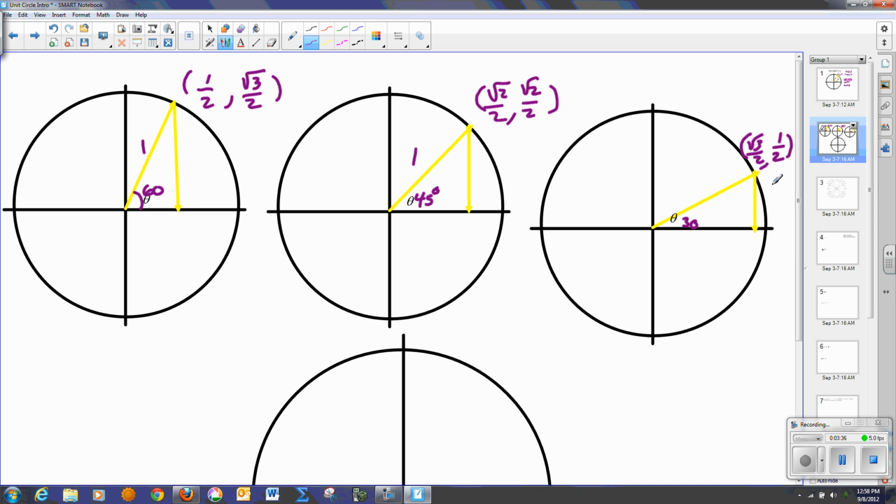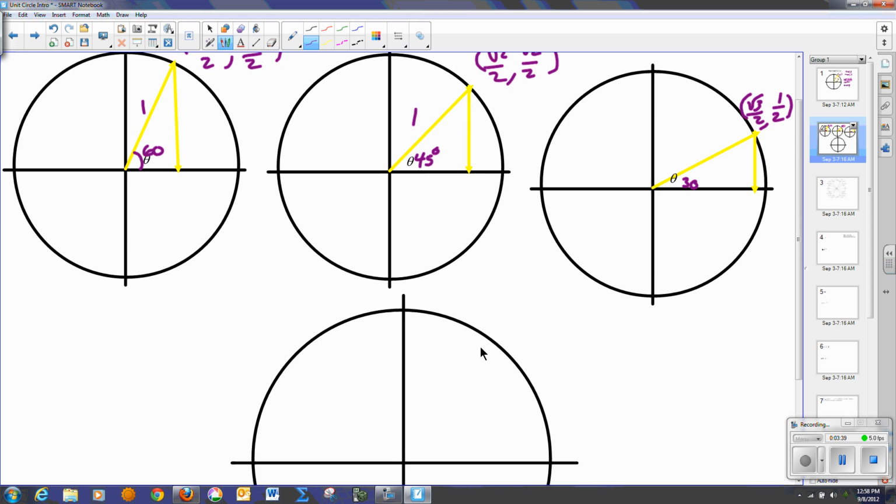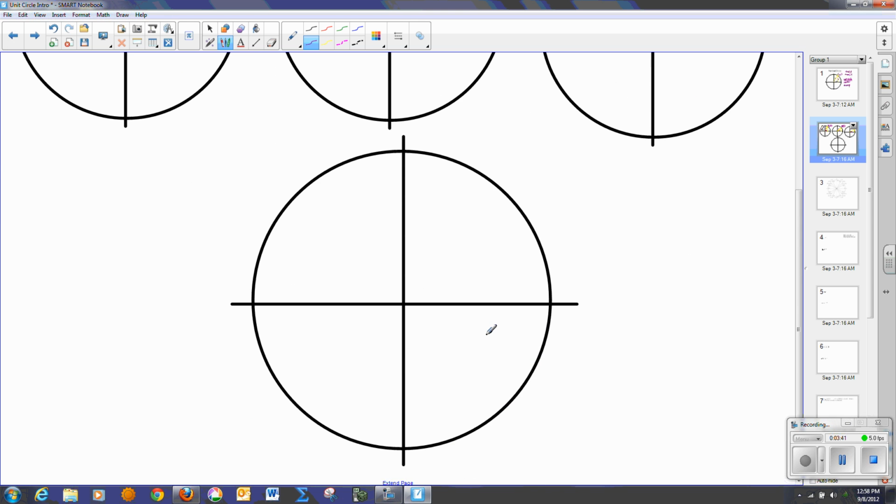So what we can do now is take a look at our unit circle and say, all right, well, if we have our 60, 45, and 30 with the following values, root 3 over 2 and a half, root 2 over 2 and root 2 over 2, and a half and root 3 over 2.